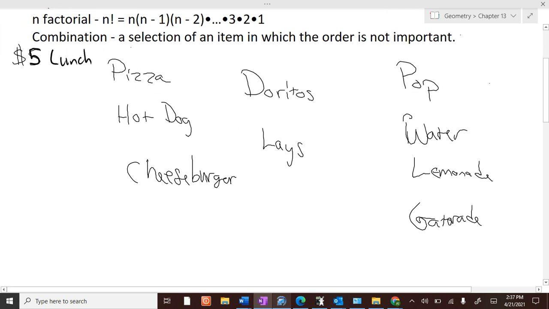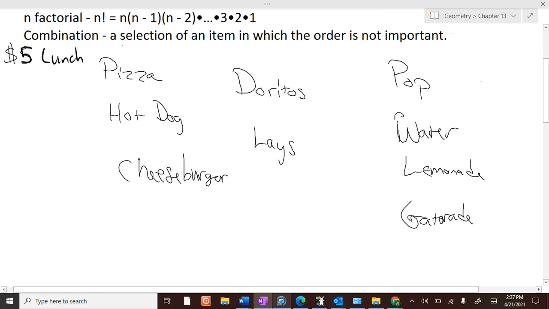They're not calling it the $5 lunch because then they'd be stealing BQs, registered trademark stuff there. But let's say they have a $5 lunch where you can choose either pizza, a hot dog, or a cheeseburger. One of these three. You can choose one of these two, Doritos or Lay's. And you can choose one of these four, pop, water, lemonade, or Gatorade. Okay? How many different options do you have out of there?